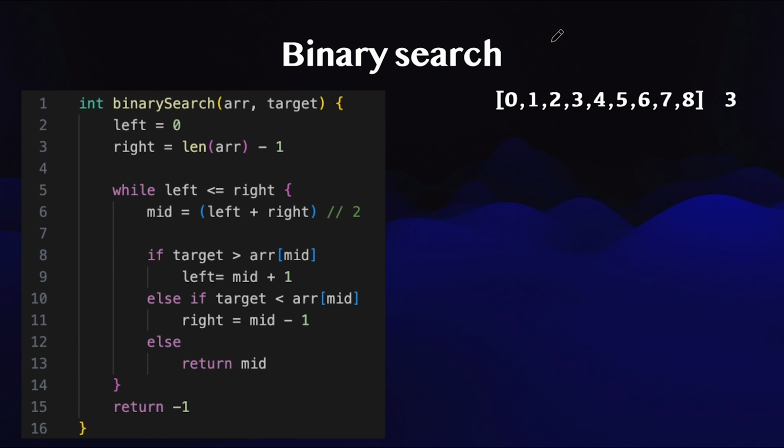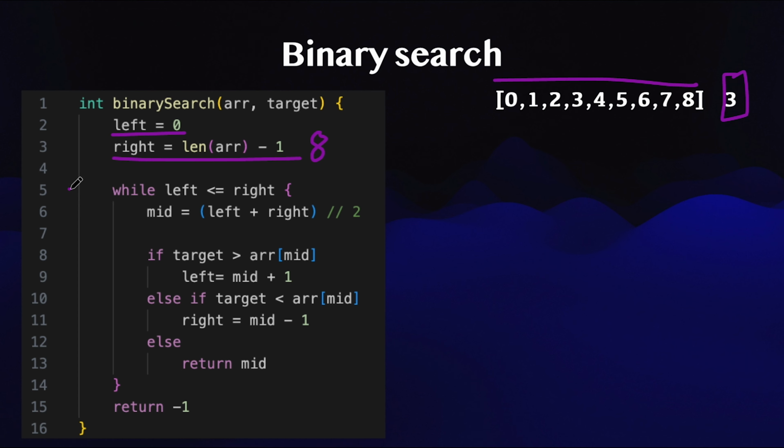Now let's look at the example that we've got. We have a sorted array, and we've got a target, integer 3. So we start with initializing the variables. We have left set to 0 and right set to len array - 1, and it's going to be 8 in this case.